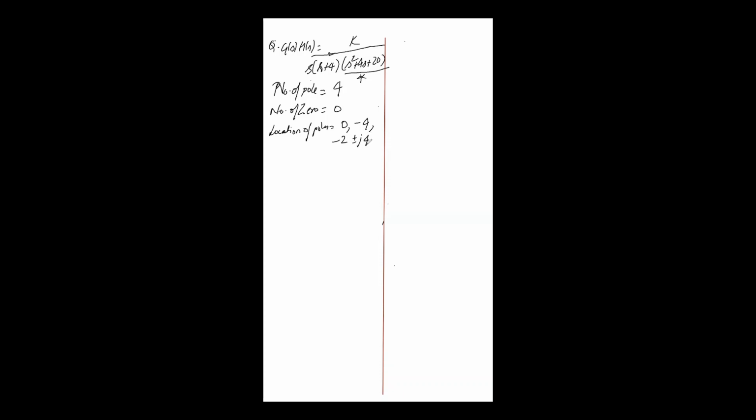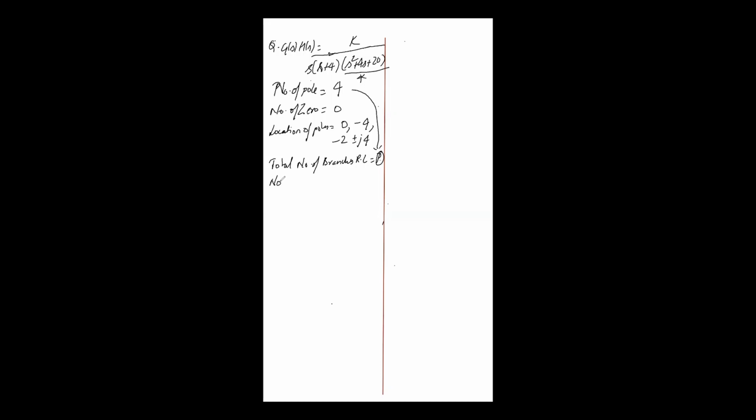So total number of branches of root locus is given as P, total number of poles, which is 4. We have 4 branches.